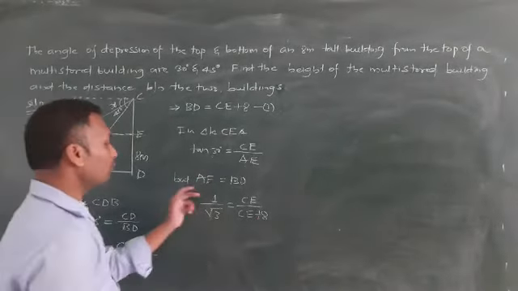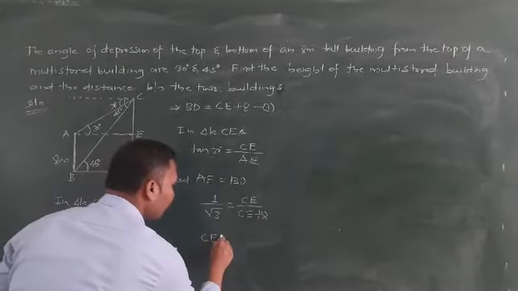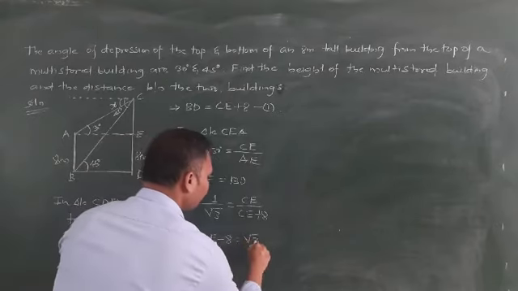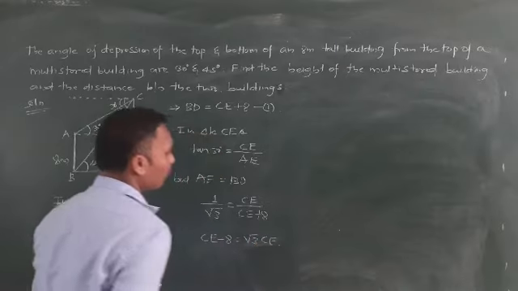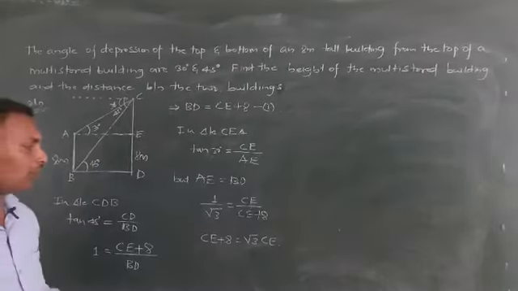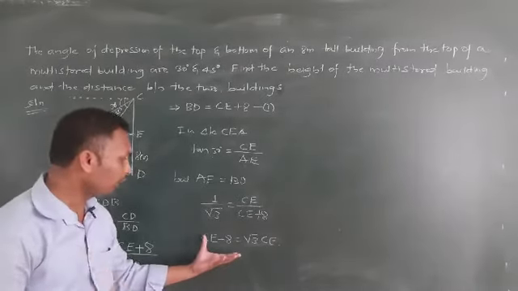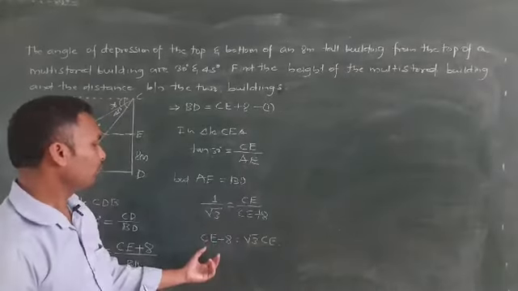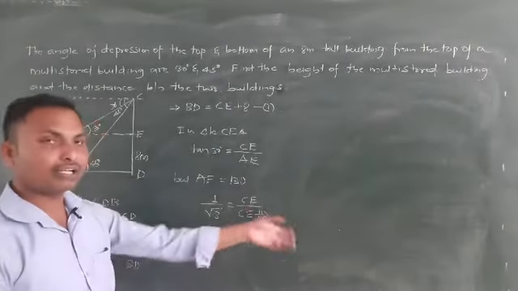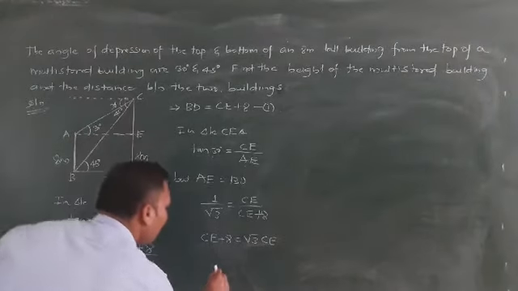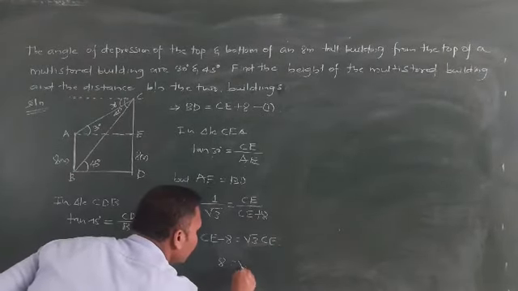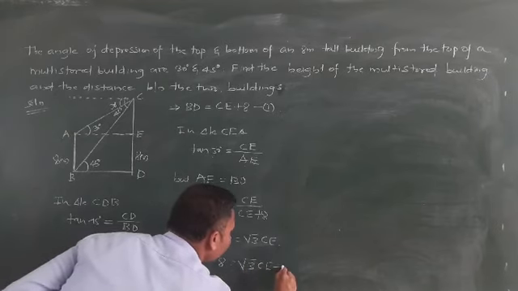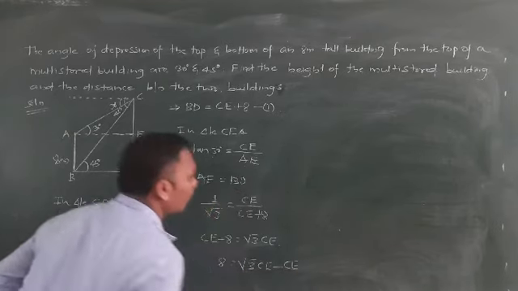Now cross multiply, so you will get CE plus 8 is equal to square root of 3 into CE. Once you got this much, what will we do? Here we have CE, and here also we have CE. So this plus CE we can take that side. I will keep 8 as it is, square root of 3 into CE, and plus becomes minus CE.